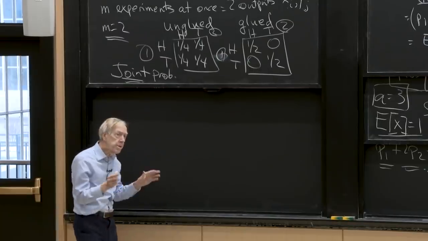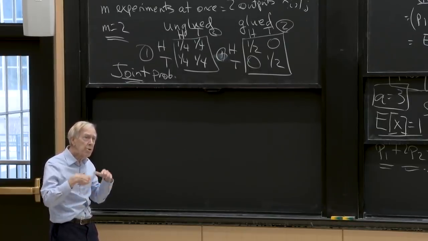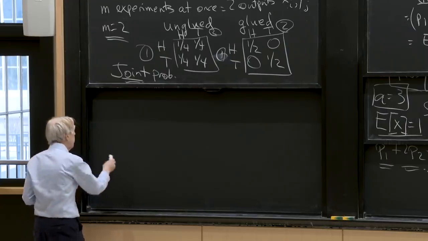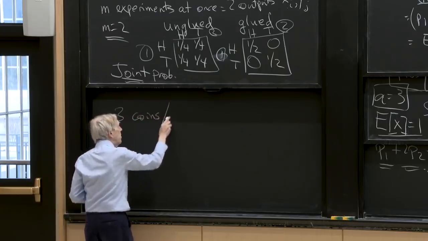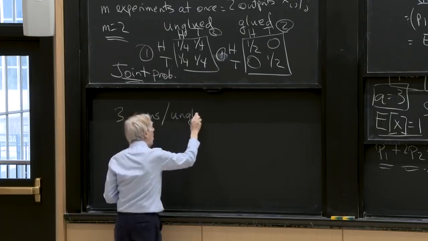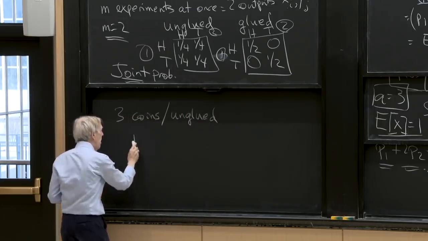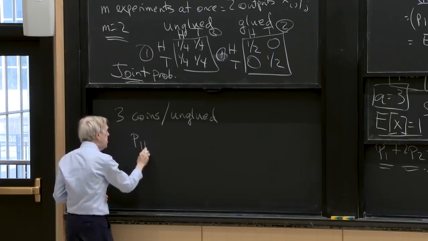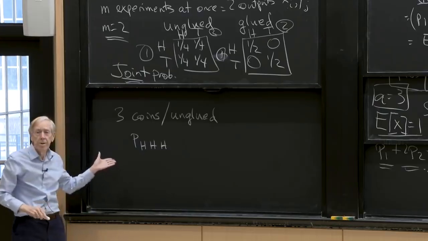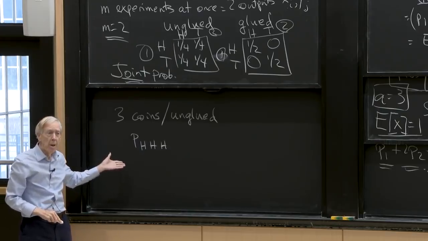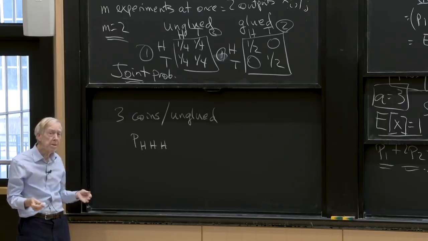Just the whole idea is to see what this joint probability is like. So suppose I have 3 coins unglued, then I want to know the probability of getting heads on the first, heads on the second, heads on the third will be what? What will be the probability that all 3 of them independently come up heads?